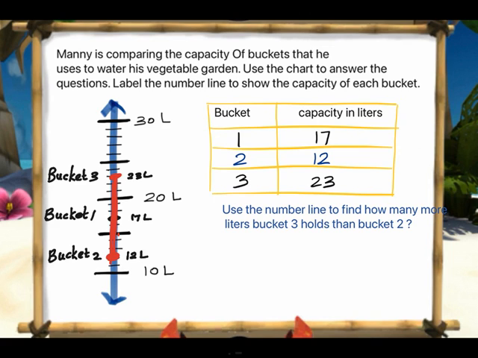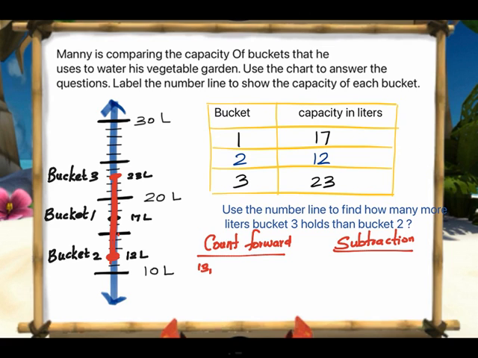We can either count forward from bucket 2 to bucket 3, or we can subtract. So let's follow the first method, the count forward method. Bucket 2 is at 12.